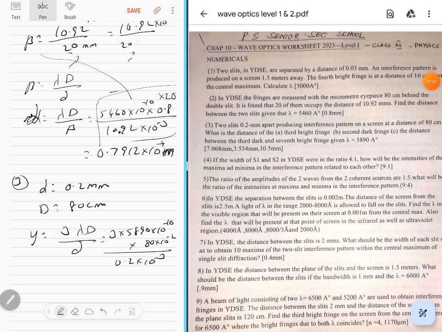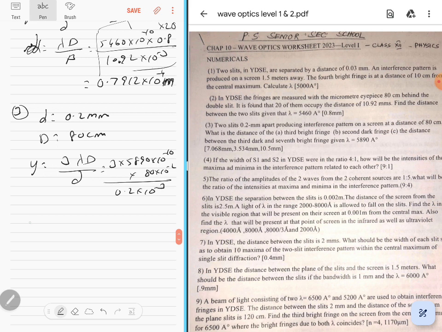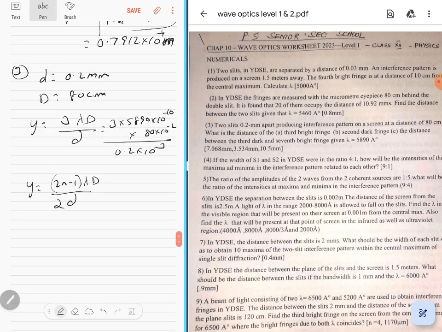So you can just find the value, whatever the value is will be the distance of the third bright fringe. Second dark fringe: when it's a dark fringe, you all know it's 2n minus 1 by 2 into lambda into capital D by small d is the position of the nth dark fringe. So substitute n as 2, because second dark fringe.